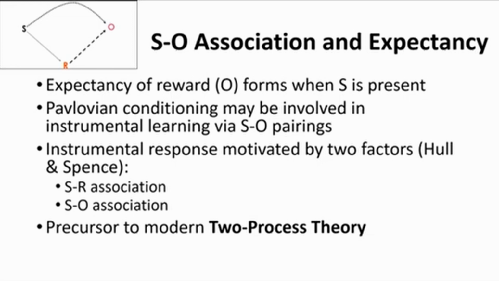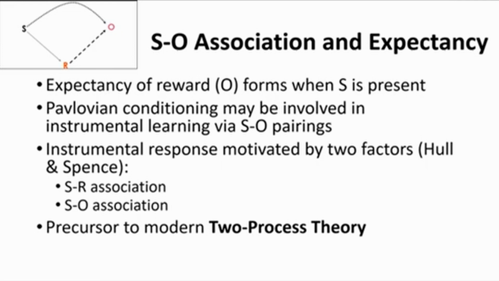The basic process of learning about a stimulus and a reinforcer is Pavlovian conditioning. But in order to understand this reward expectancy aspect, we need to consider how those Pavlovian processes get folded into this instrumental conditioning idea.